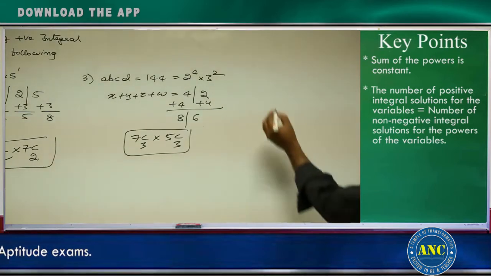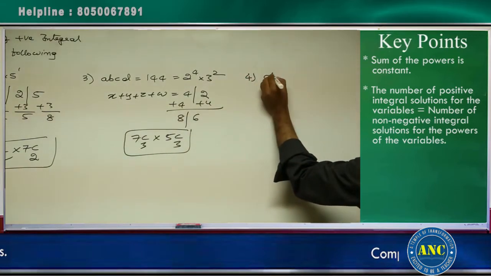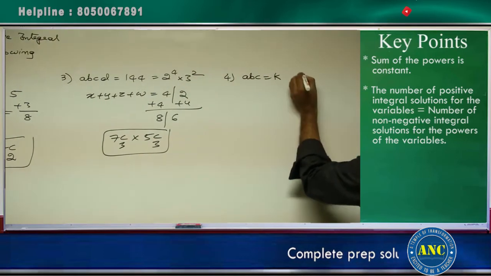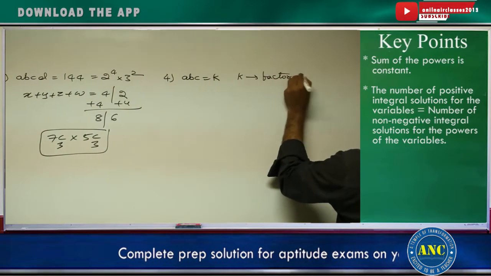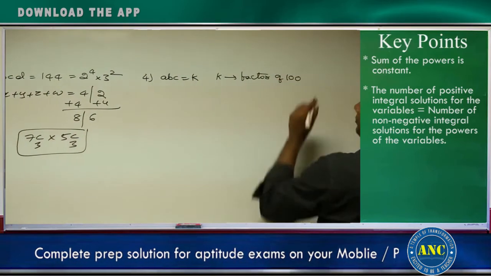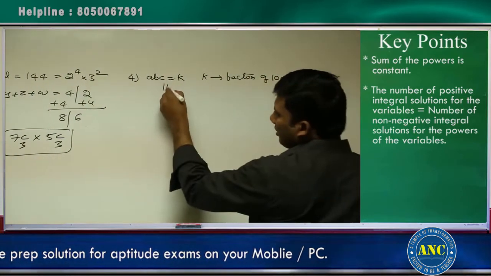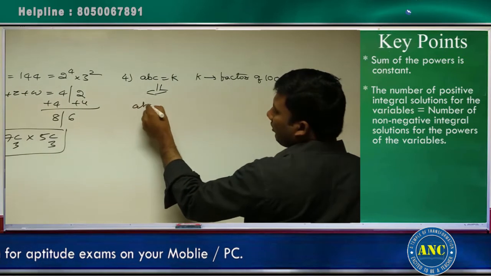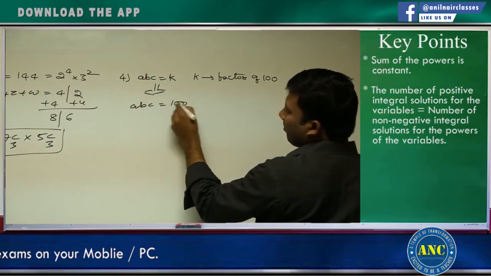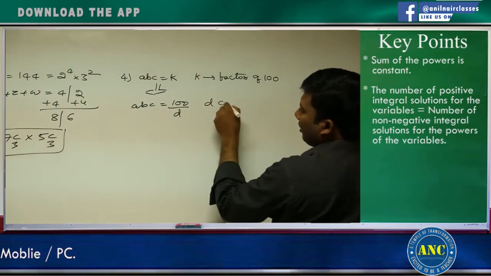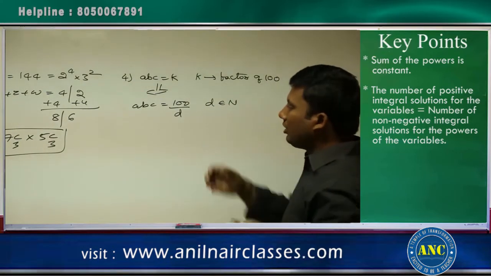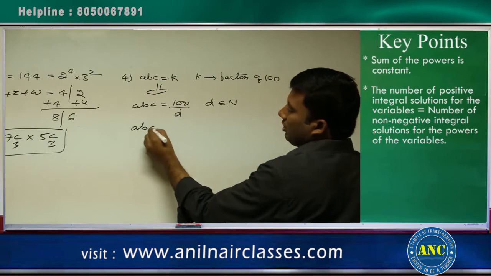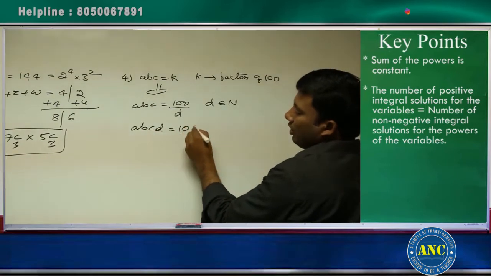One minute. ABC equivalent to K, where K is a factor of 100. Any factor of 100 can be represented as 100 by D, where D is a natural number. Or in other words, it is nothing but ABCD equivalent to 100.